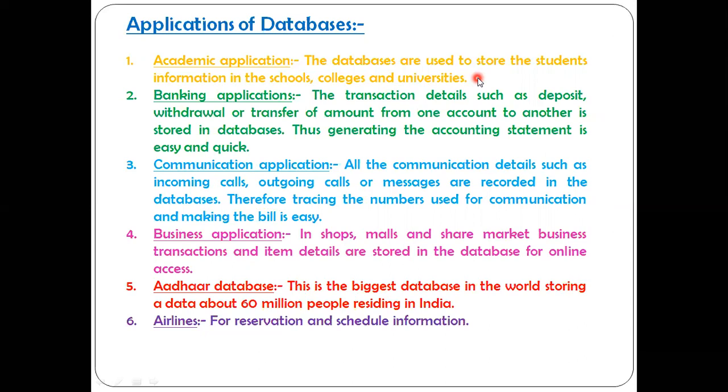In the college, we enter the particulars you have filled in the application form into the system. That will be stored in the database, so whenever we want to access the same data, it can be accessed very easily.